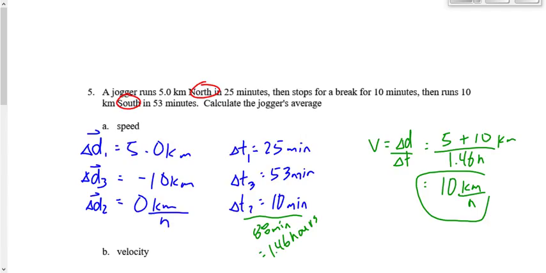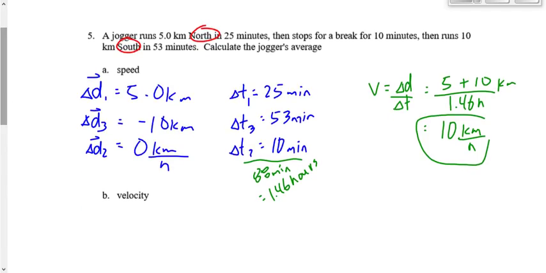How would I get my average velocity? Displacement over time. It's not distance over time, it's displacement over time. What's my displacement? Yeah, I'm still going to add these up, right? 5 plus negative 10. I know some of you are thinking, well, that's subtracting.